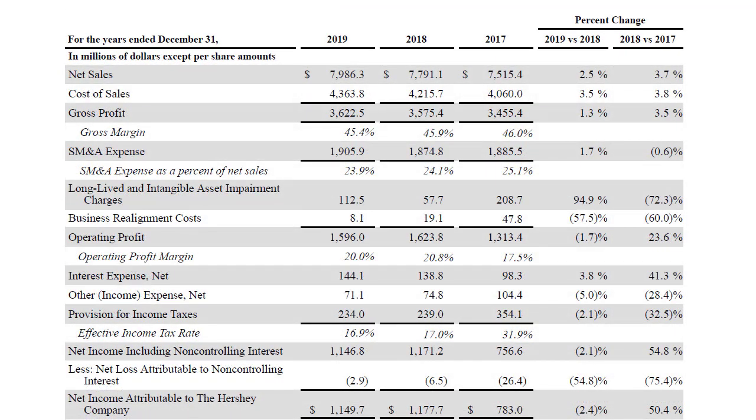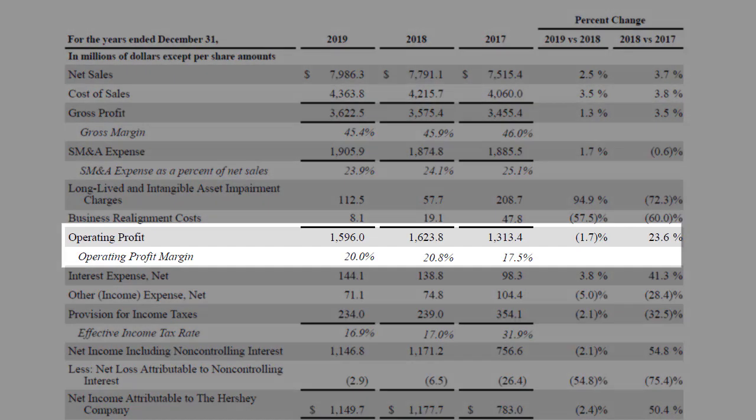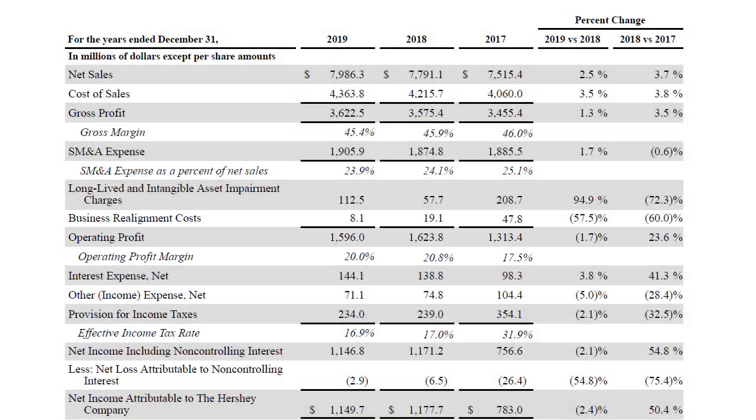Then we arrive at the operating profit line. This line item tells you how much income the business made, irrespective of financing source. So if the business were 100% equity financed and we're looking at this pre-tax, how much did the core operations of the business generate?